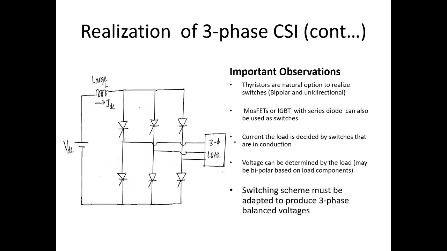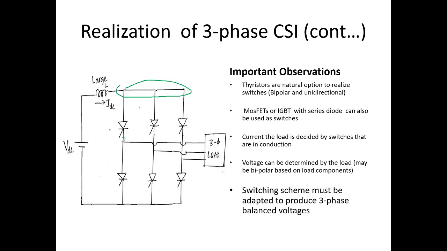That can be achieved using thyristors. So see, this is a pole, and these are throw 1, 2 and 3. Between the pole and each throw, we must have a bipolar and unidirectional switch.